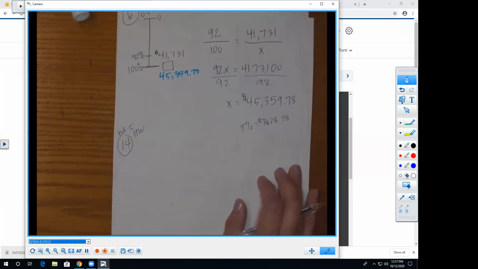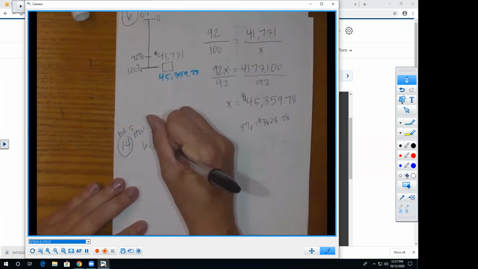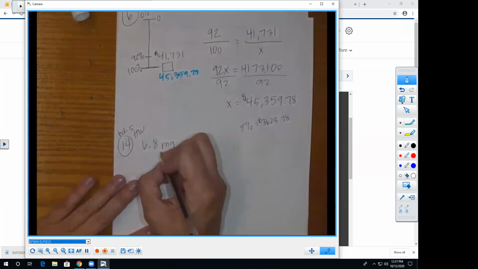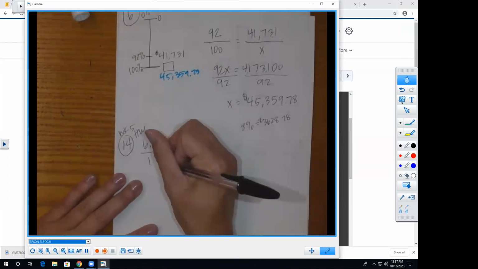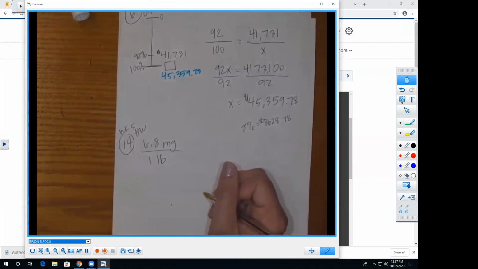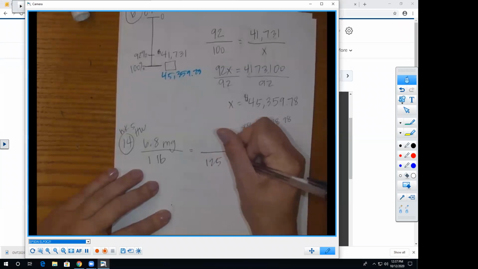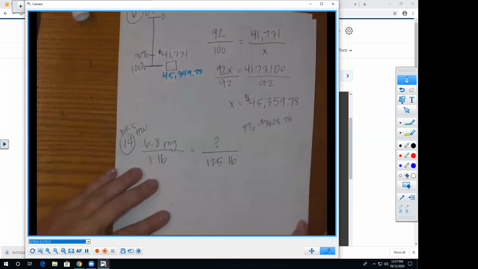So it says the recommended dosage for a particular medication is 6.8 milligrams per pound of body weight per day. So for every 1 pound of body weight. And you can't exceed 1,000 milligrams per day. So for a 125-pound patient, what should the dosage be?